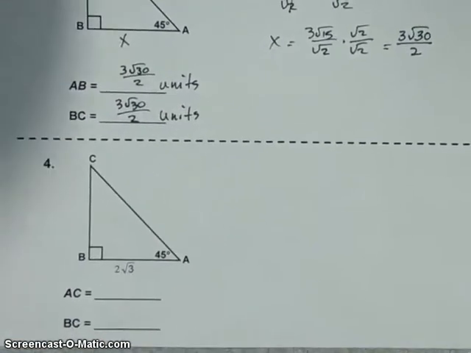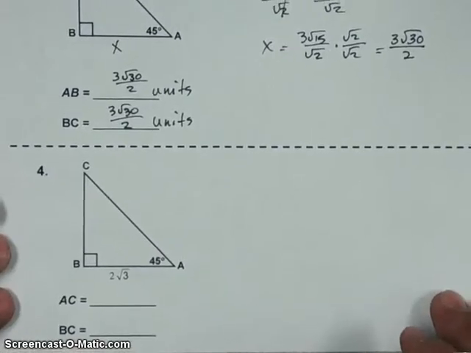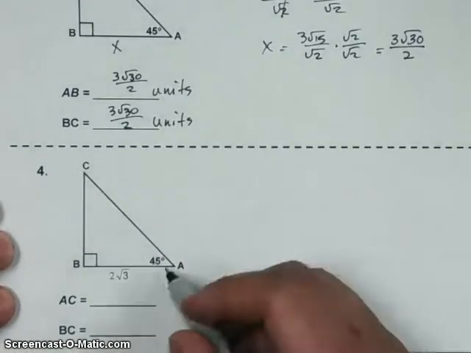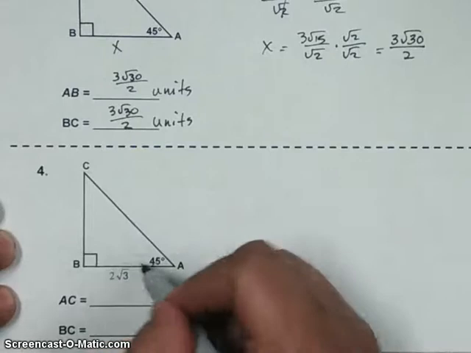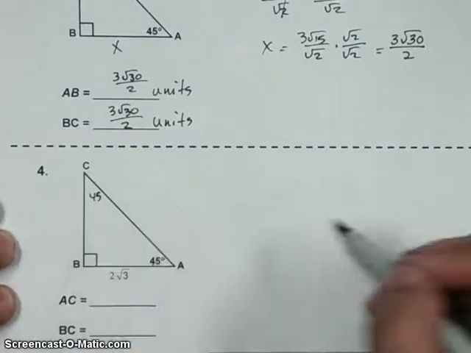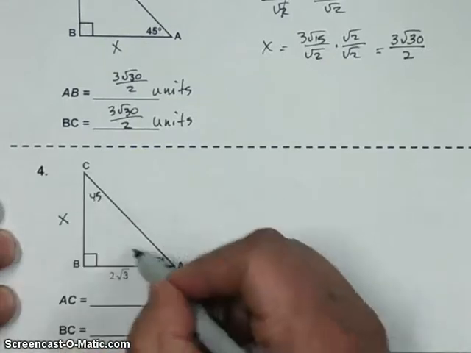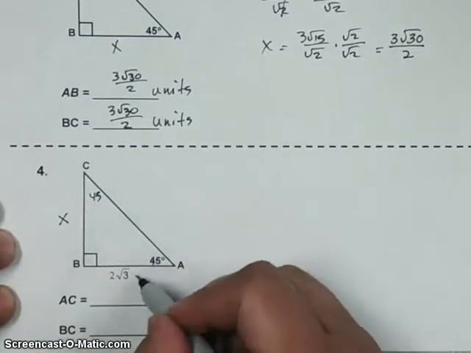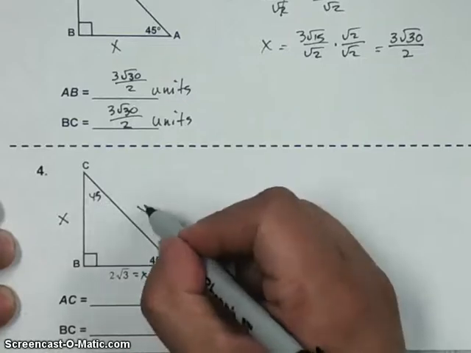In our last example of these special right triangles, these 45, 45, 90s: 45, 90, and this is 45. So here's my x, here's the other x, and this one is x square root of 2.